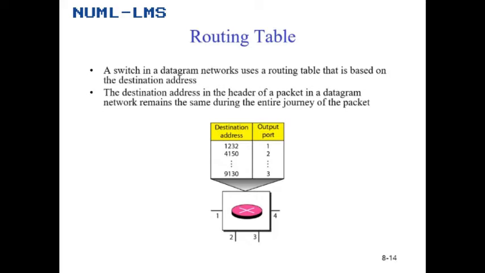So you can see here we have destination addresses against each port. We have 3 or 4 ports with this router, and when the packet arrives, let's suppose from port number 1, the router has the destinations where it can forward the datagram. It has port numbers 2, 3 and 4, and it has different destinations.